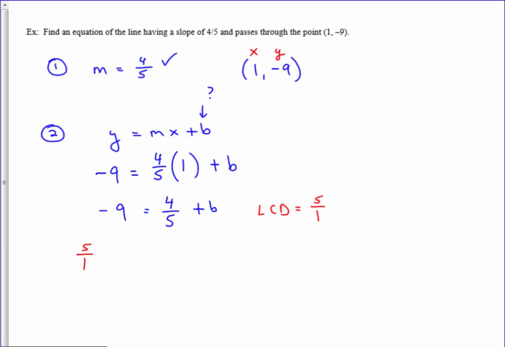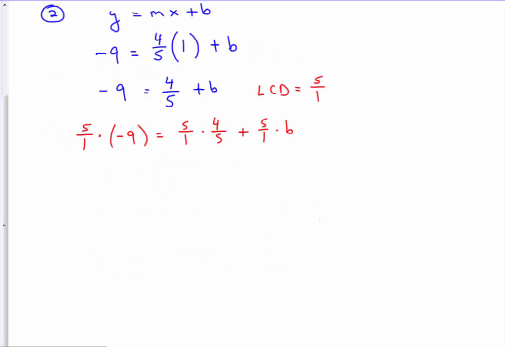So 5/1 times -9, 5/1 times 4/5 plus 5/1 times b. On the left side, you can ignore the over 1 part. It's just really 5 times -9, so -45.